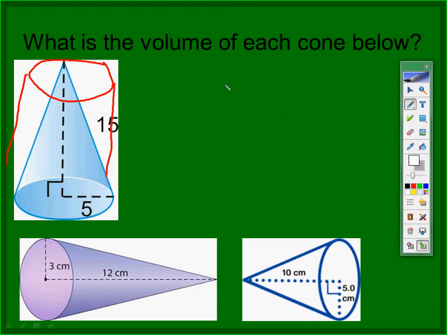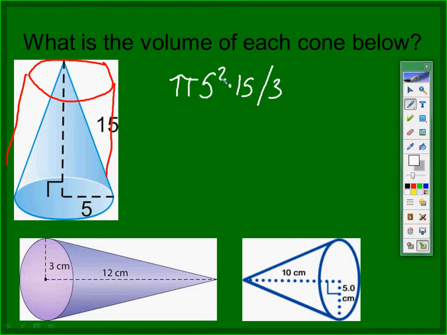So I'm going to take pi times my radius squared times my height, and then I'm going to divide by 3. And with order of operations and the commutative property, I can actually deal with this last bit here first.